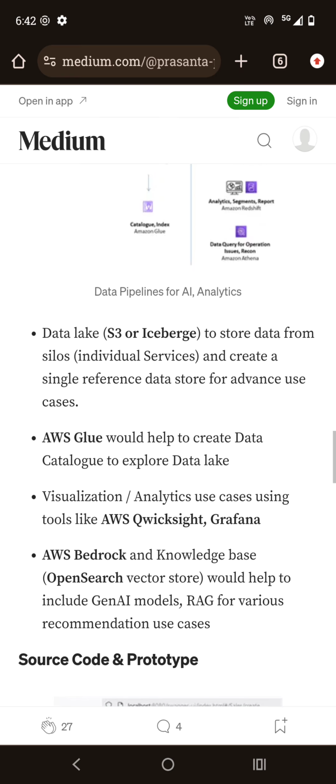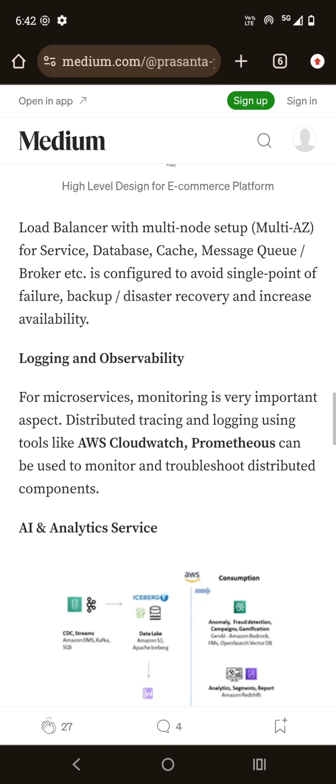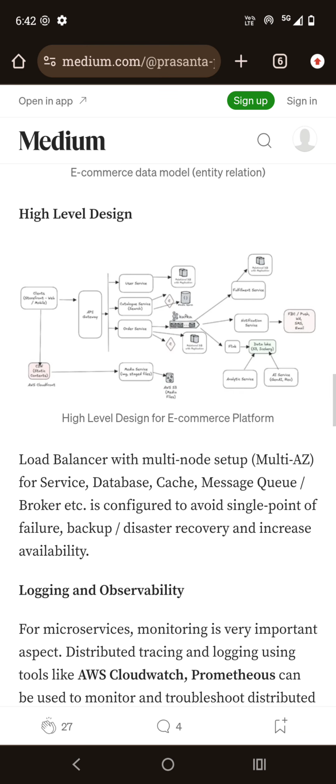So monitoring details. When you are building an application, monitoring is very important, logging and monitoring. So in the design part, you have to take care of logging and monitoring.